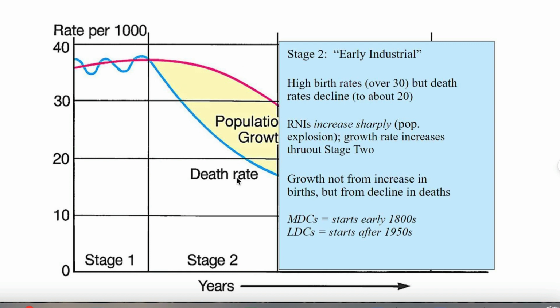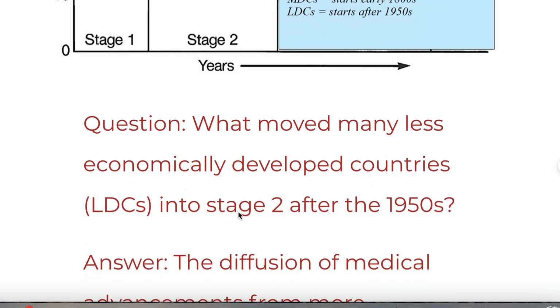So boom, explosive population rate. So if you see a country with a triangular population pyramid, you can assume it might be in stage 2.